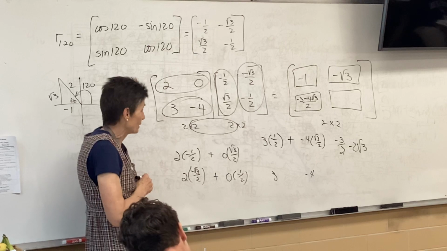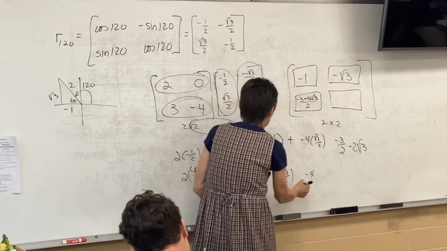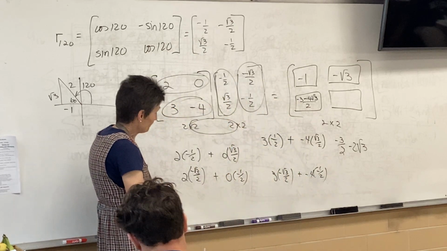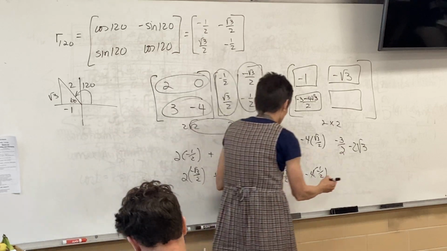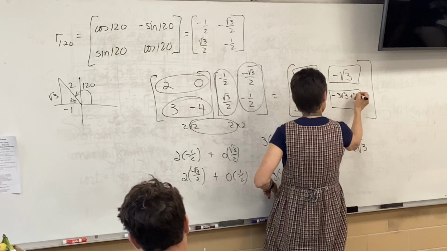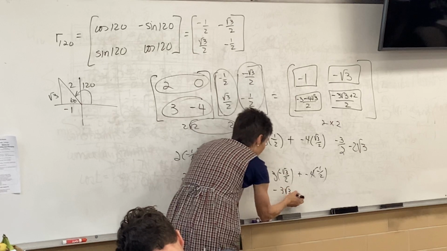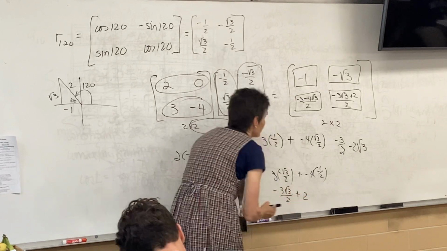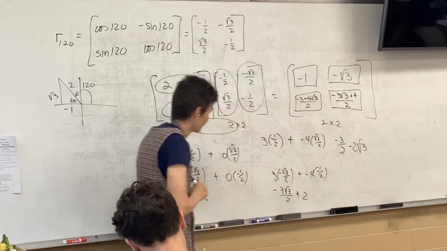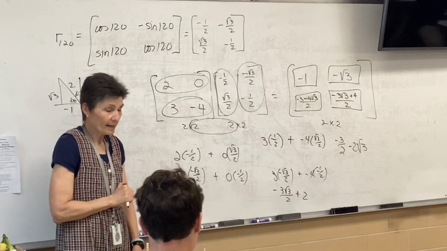And then, what's that? Negative 3 root 3 plus 2, or separated. Actually, that would be plus 4. Sorry. Yeah, is that better? That one's okay? All right, Lily, got it?